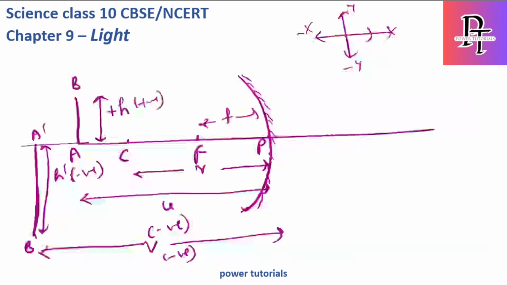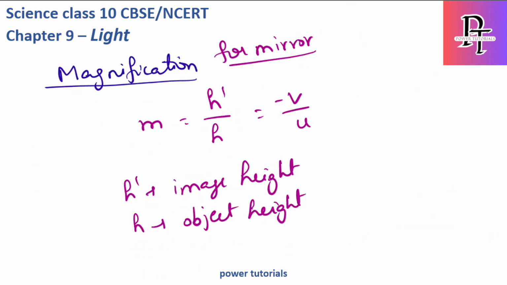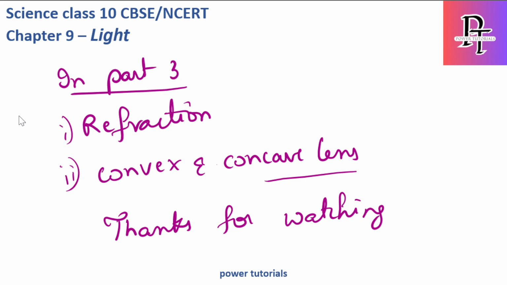We also covered the magnification formula, which is the ratio of the height of the image to the height of the object, and one more formula, which is minus v by u, where v is the distance of the image from the pole and u is the distance of the object from the pole on the principal axis. Those we covered in part 2.